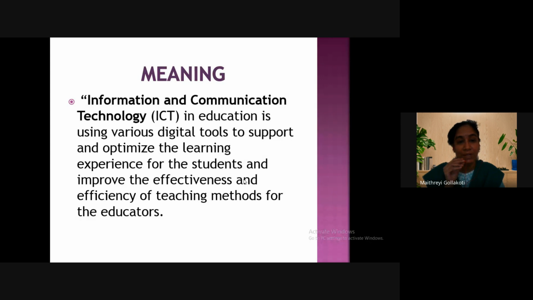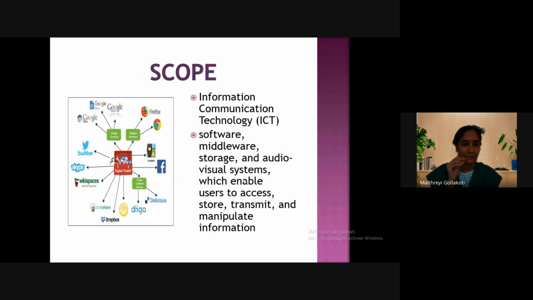So that is how it will improve the effectiveness and the efficiency of the teaching methods for the educators. So this is how ICT will help both the students as well as the teachers. Okay, next slide please.